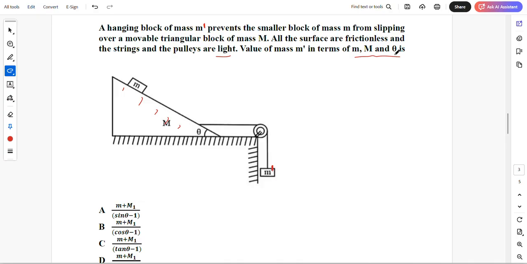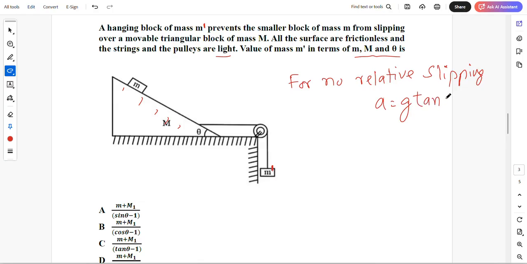Now, how to do this sum? First of all, we know that for no relative slipping, a is equal to g tan theta. Where did we see this one?